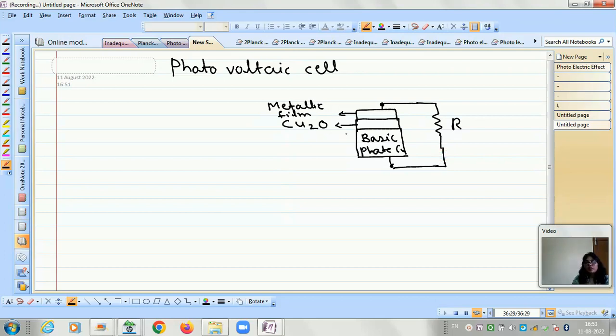So what happens here is that when light falls on the surface, then in the semiconductor electron and hole pairs are generated.